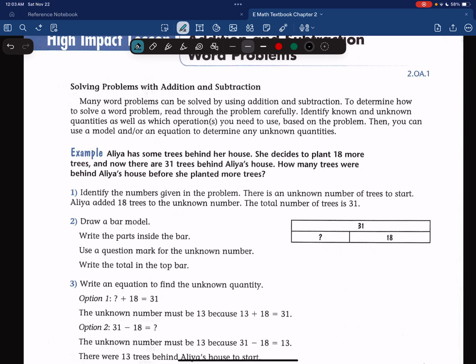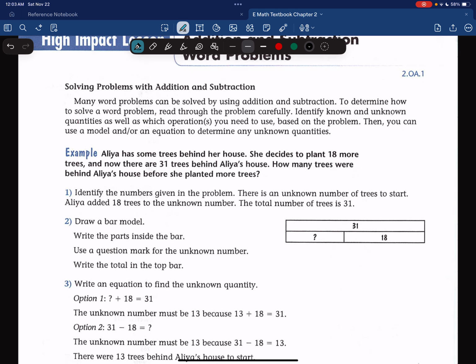We're looking at solving problems with addition and subtraction. Many word problems can be solved using addition and subtraction. To determine how to solve a word problem, read through the problem carefully.